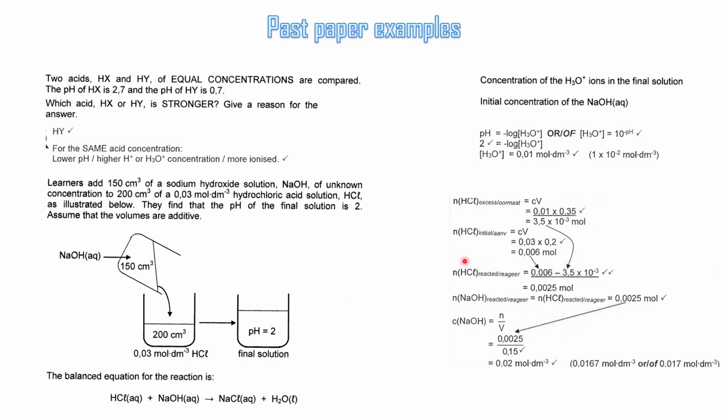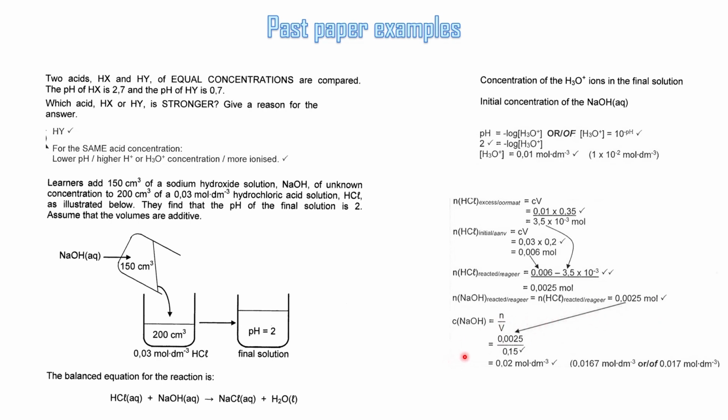Now you take the initial hydrochloric acid, which is 0,03, they gave the concentration, and the 0,2, meaning the volume divided by 1,000, and you get this. Now you subtract the excess from the initial, and you get 0,0025 moles. It's a 1-to-1 ratio, thus you use the same for both.